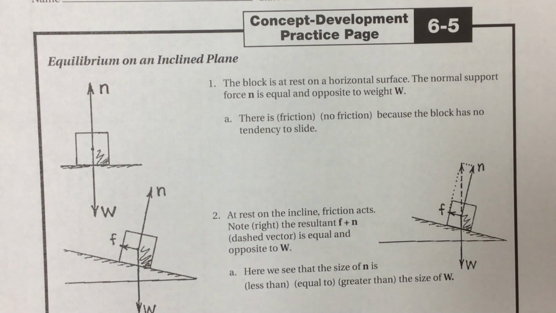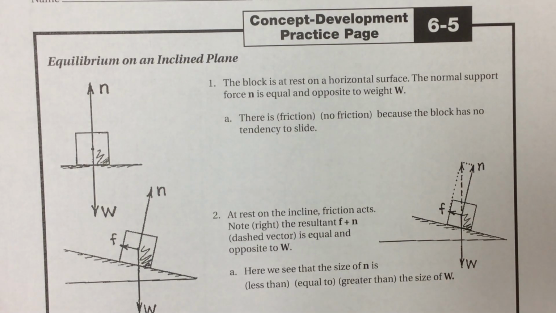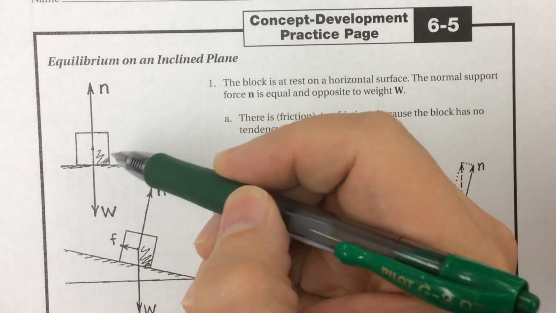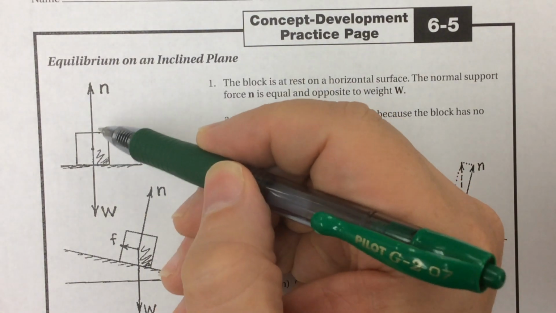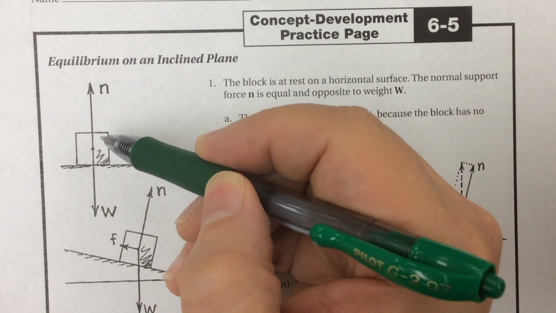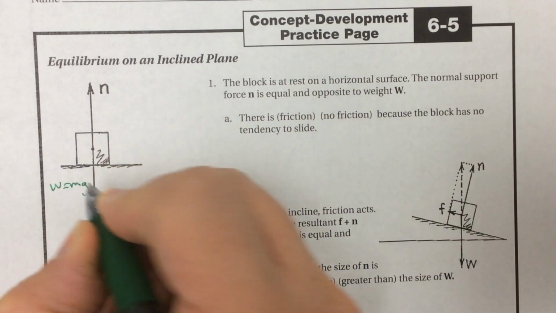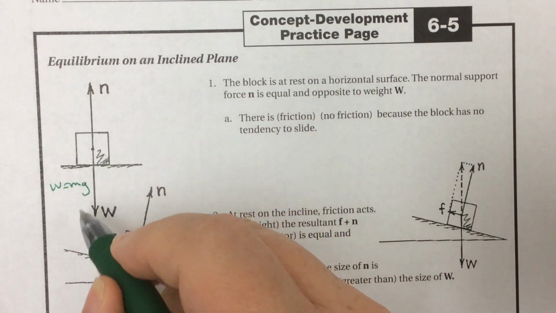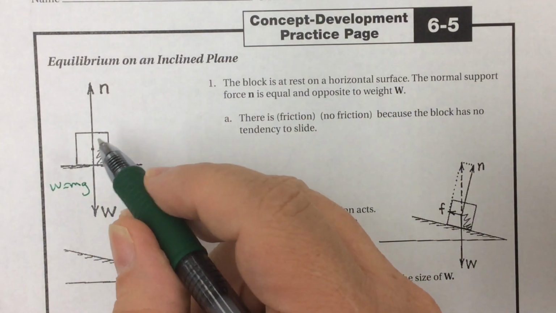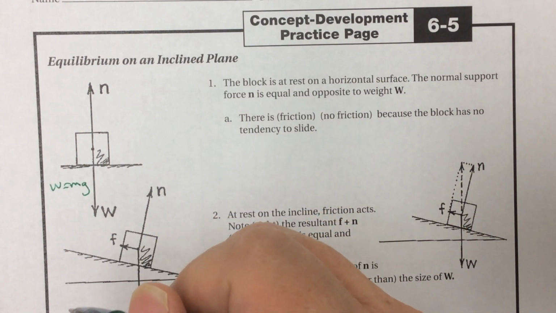Okay, so if I have a box or a cube sitting on a surface, it's going to have two forces. One of the forces is its weight, and if you remember, weight equals mg, the mass of the object times whatever the pull of gravity is, and on the Earth it's always 9.8.